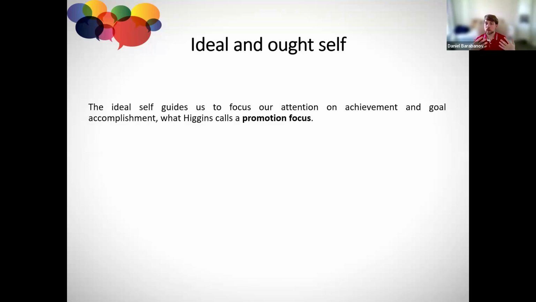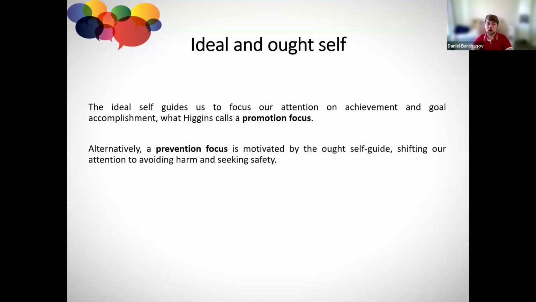So I can be focused on promotion and getting more achievements and achieving goals and advance toward my ideal self, choosing this path. But alternatively, there is a prevention focus. It is motivated by the ought self-guide, shifting our attention to avoiding harm and seeking safety, right? Usually when we take responsibilities and commitments, we don't want to harm other people.